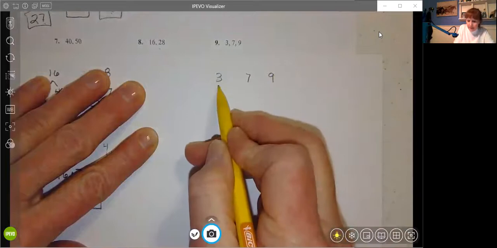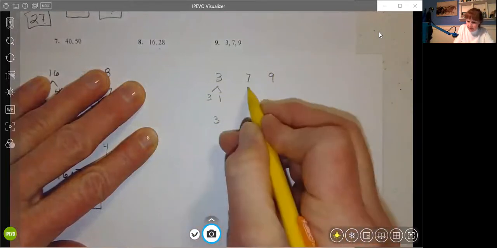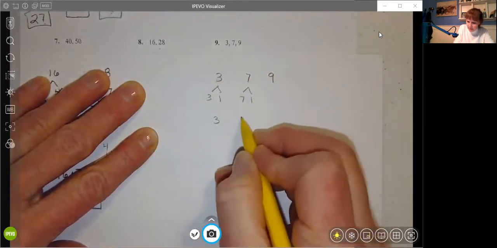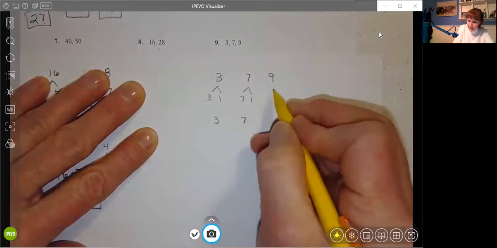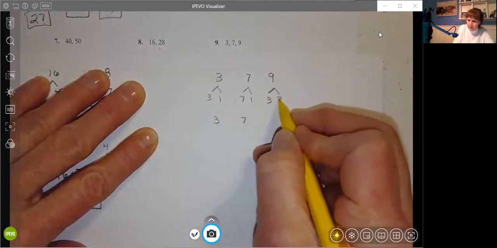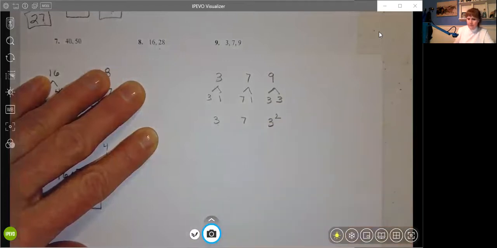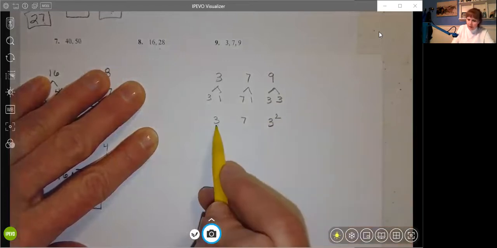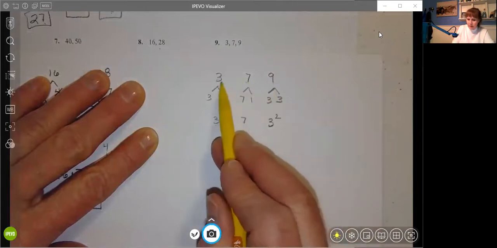The 3 is just 3 times 1. The 7 is 7 times 1. So it's just 7 to the first, 3 to the first. The 9, however, is 3 times 3, or 3 squared.